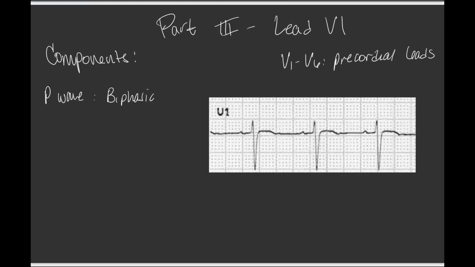And what we mean by biphasic is if we have this baseline, our P wave goes up and then it comes down. So it goes both above and below the isoelectric line. Typically in V1 you will have a very small R wave. Sometimes it's not even there.